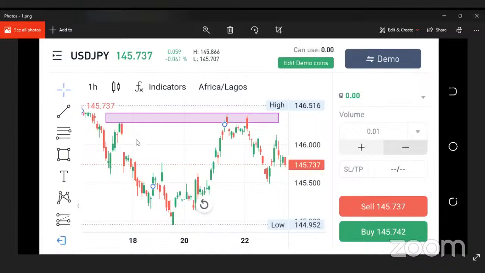Sorry about that. Anywhere you see the market touching and then going down is called a supply zone.